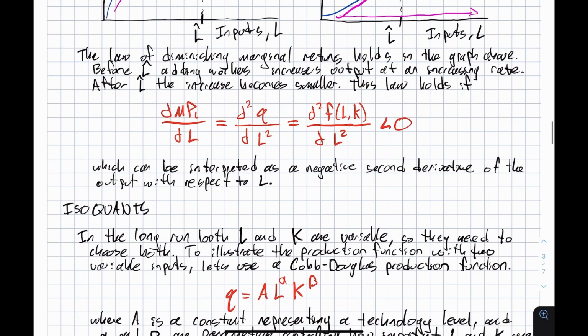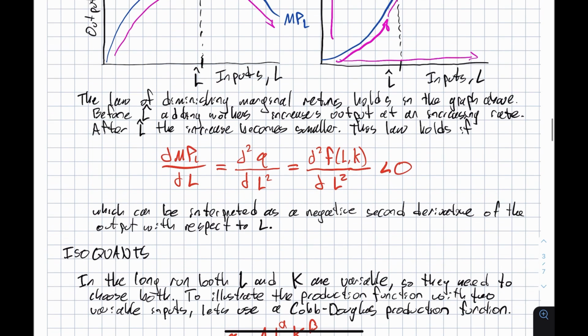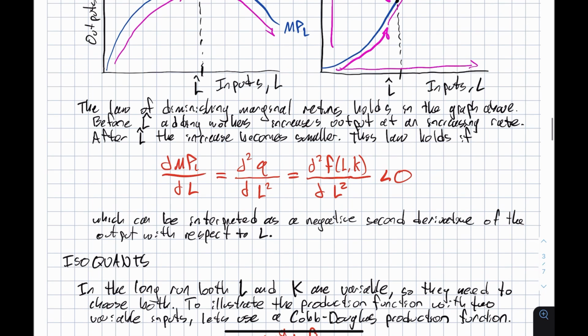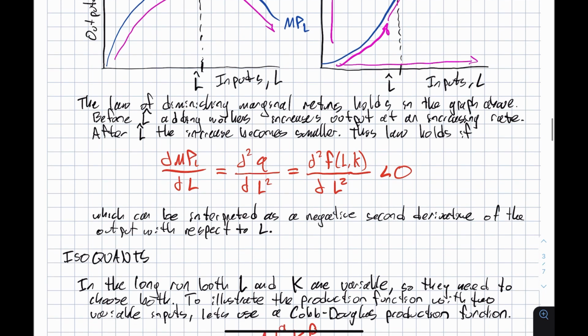Okay, so we can also look at the derivative of the marginal product of labor with respect to L, basically showing that this derivative is negative.